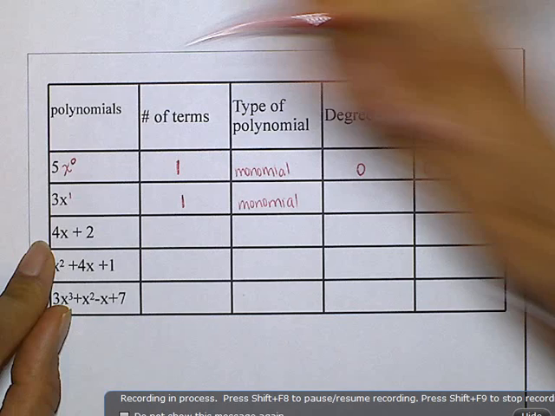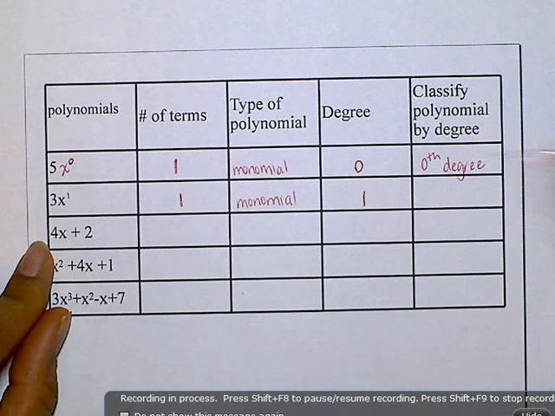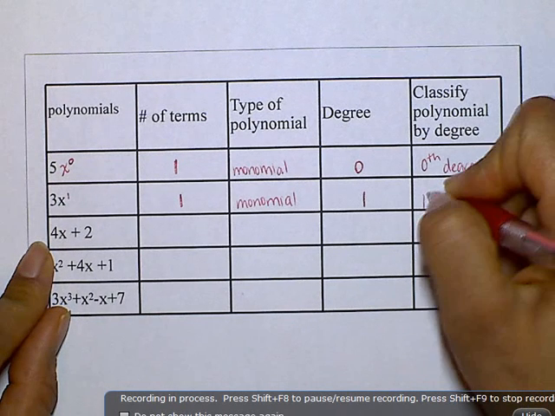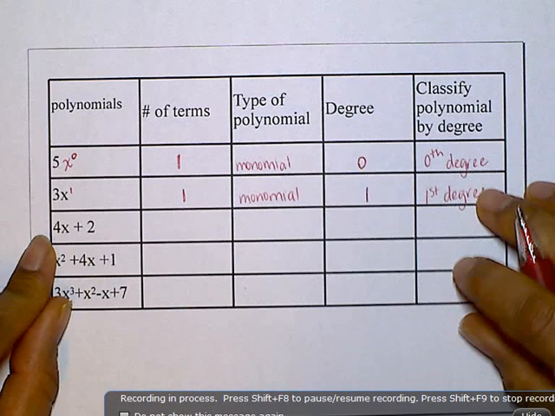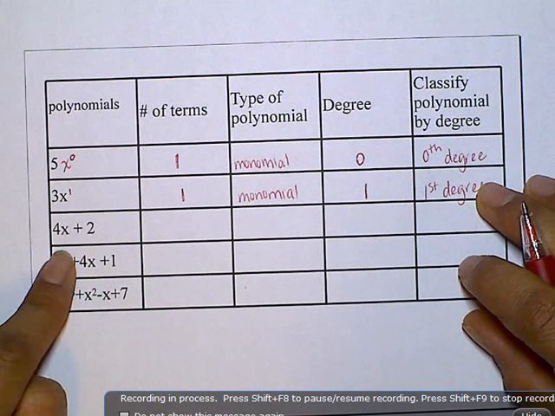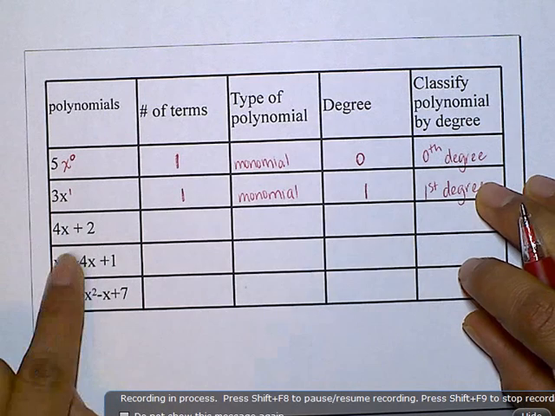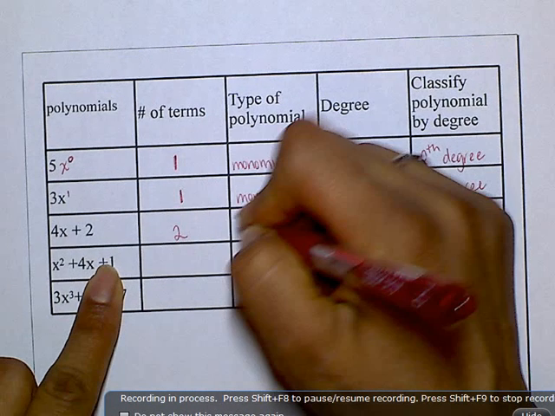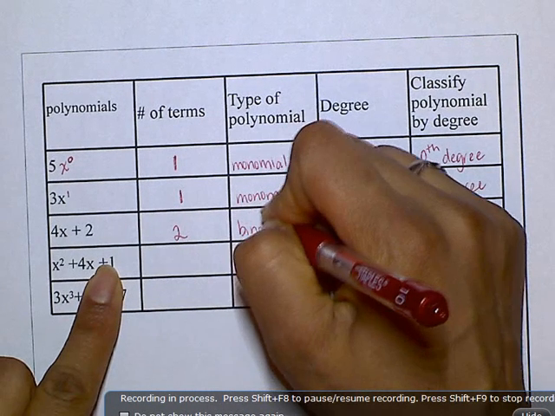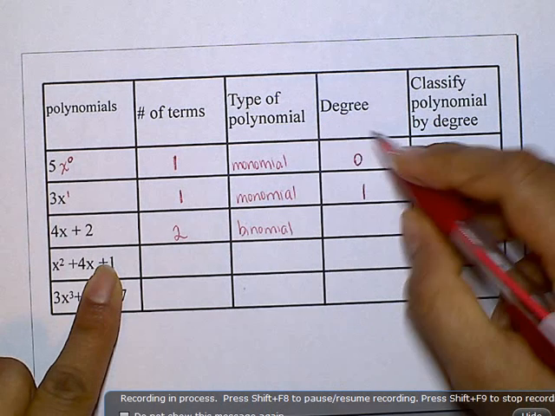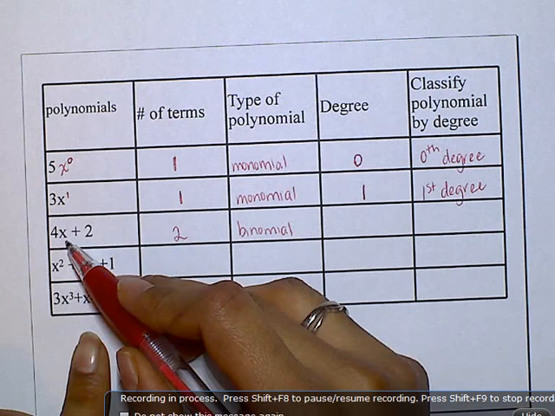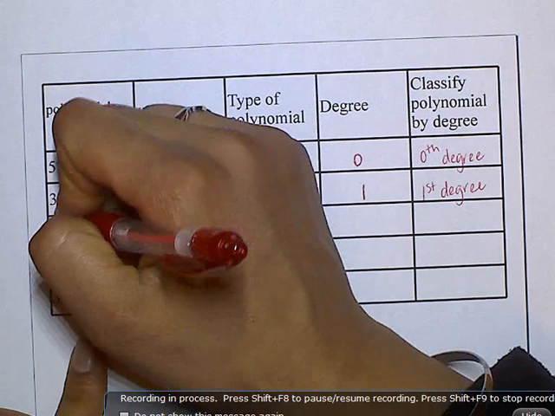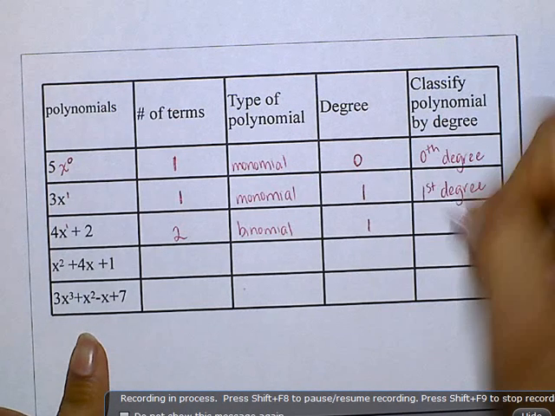And this is a first degree function. Alright, here you have two terms, 4x and a 2. That's two terms. This is a binomial. The degree, we're going to look at the highest exponent on the variables. In this case, it is a 1. Again, that's also a first degree function.